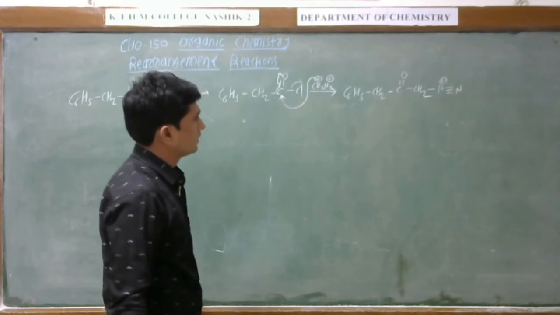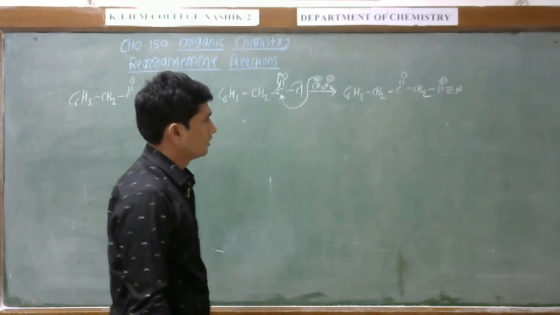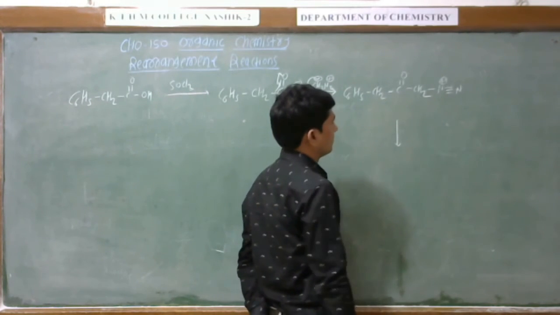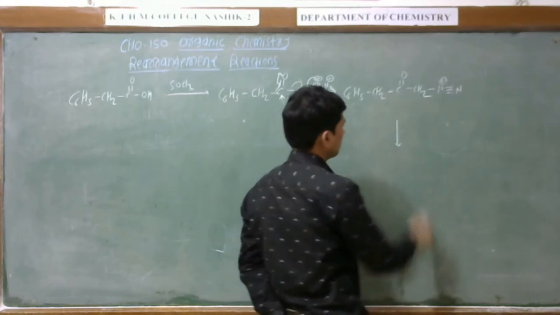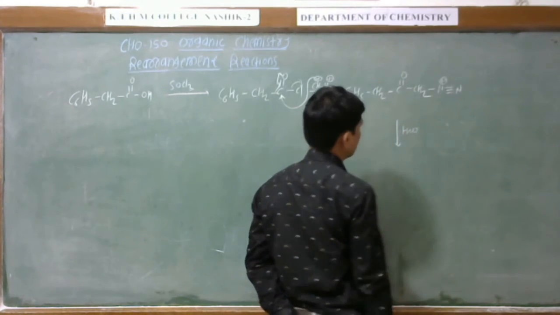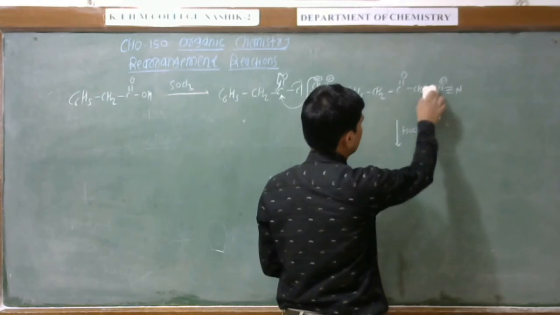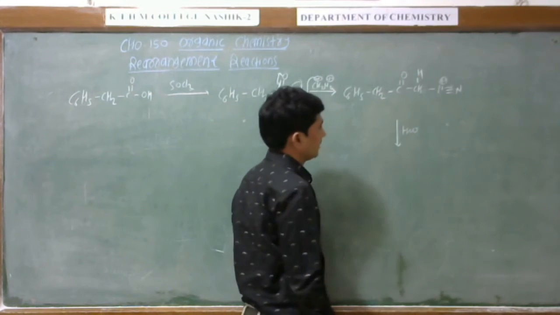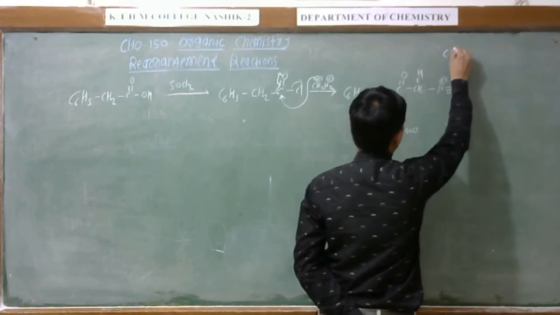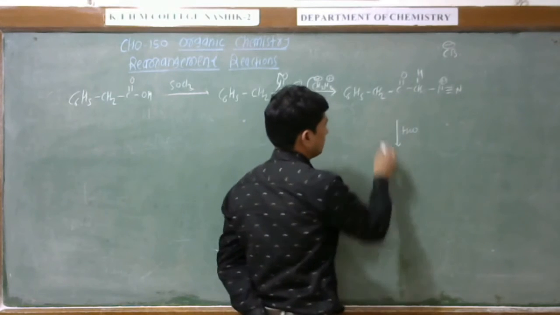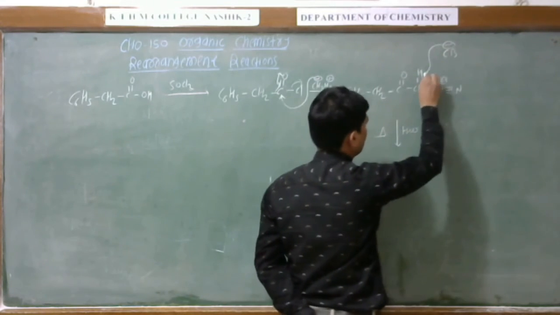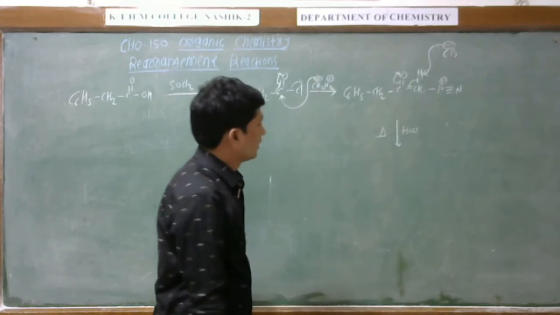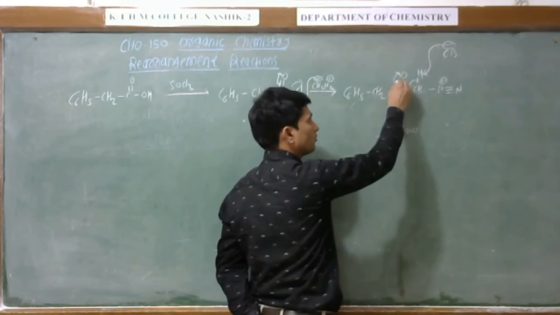Our third reagent is the acid in presence of water, the acidic water H2O. Because we use the acid, I write the hydrogen in this way, with the conjugate base. The conjugate base will take this hydrogen, this bond will shift, and this carbon oxygen double bond will open.